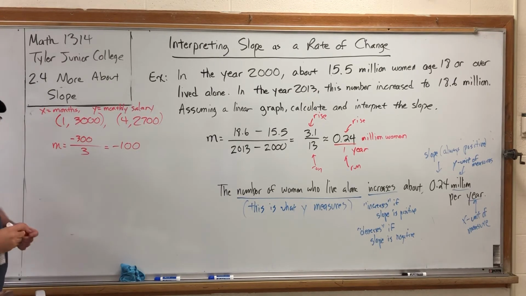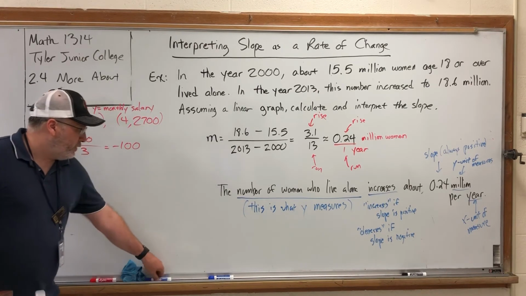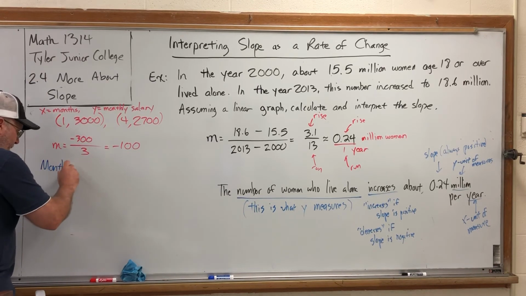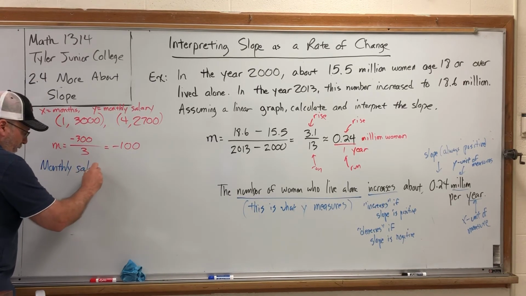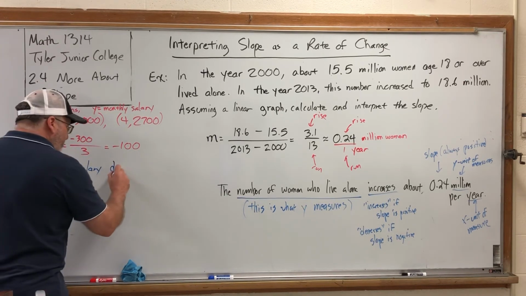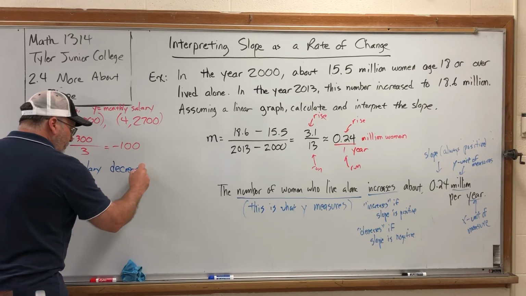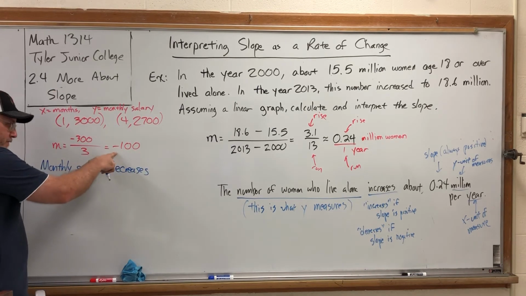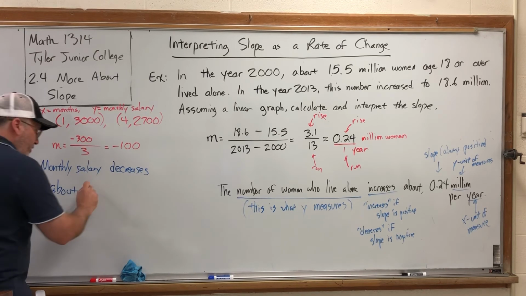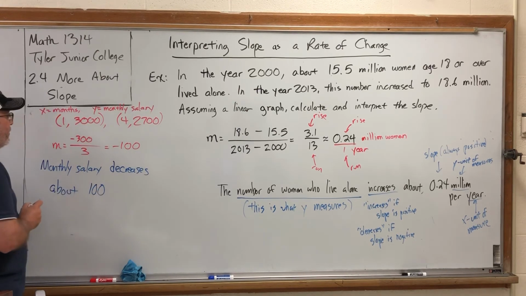Then how would we interpret this? We would say monthly salary, because that's what the y is measuring, decreases, because the slope is negative, about, although in this case it's exact, 100.